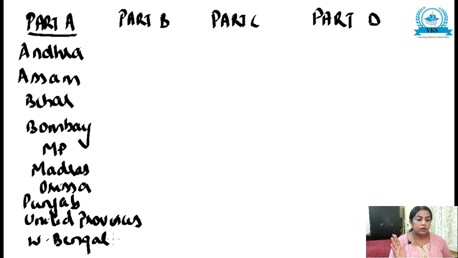So according to the constitution, all these territories were divided into 4 categories, that is Part A, B, C and D. In Part A, the states consisted of Andhra, Assam, Bihar, Bombay, Madhya Pradesh, Madras, Orissa, Punjab, United Provinces as well as West Bengal.